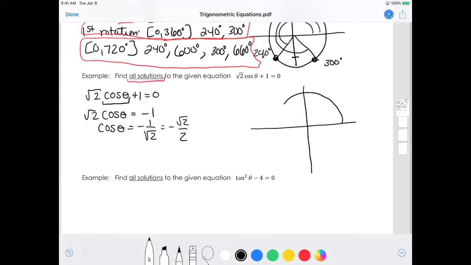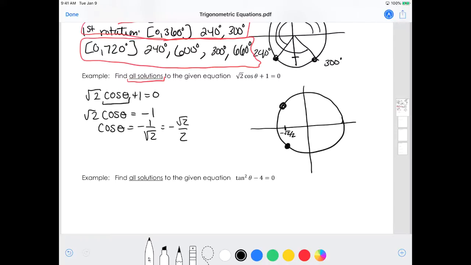And I look to see on my unit circle, where is cosine? Since we're looking at cosine, we're looking for our x coordinate of the terminal point. That would be right here and right here. That would be where this would be negative square root of 2 over 2 on my x-axis.